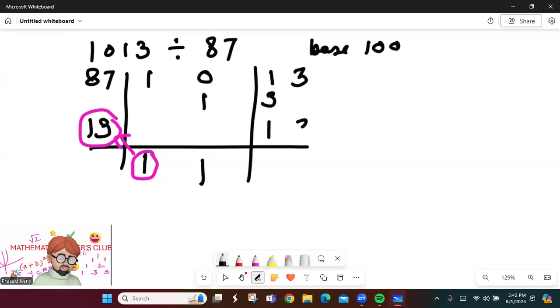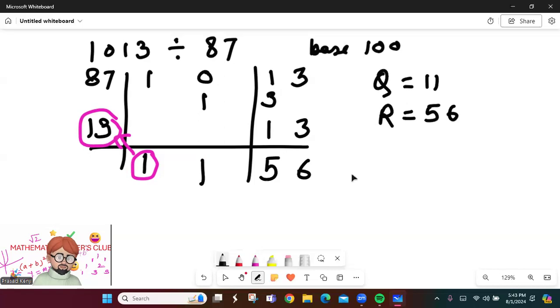So that you write like this, 1 in the third column and 3 in the first column. And now add 3 plus 3 is 6 and 3 plus 2 is 5. And that will give the quotient as 11 and the remainder in this case will be 56. So as you can see here, this is comparatively an easier method, but can be only applied when the divisor is near to a standard base and below the standard base.